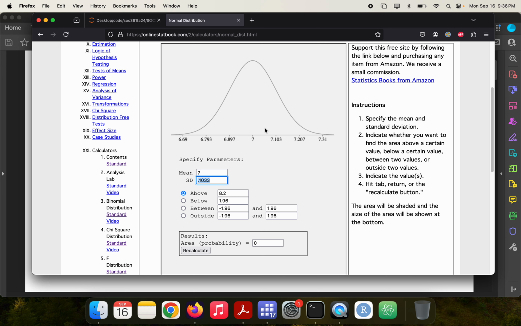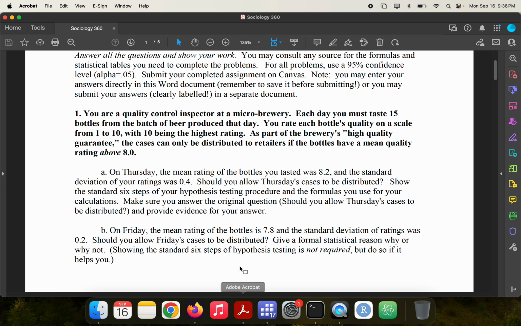We can just say we're only interested in evidence that it's larger and fail to reject the null, even if we have evidence that it's in fact much smaller than 8. And then we still come to the same conclusion, which is that we fail to reject the null, therefore we shouldn't ship the beer. So that's actually a completely fine way to go about it.